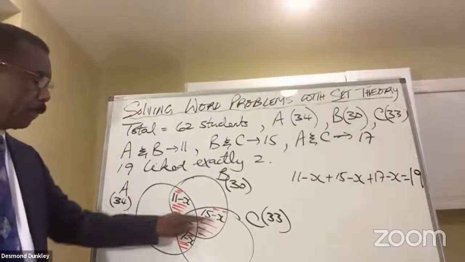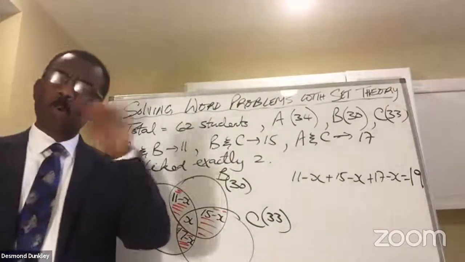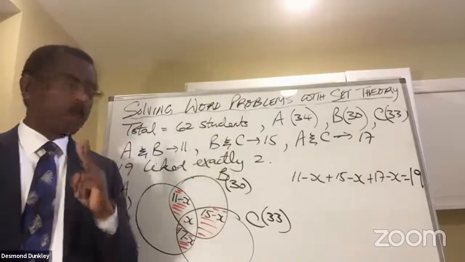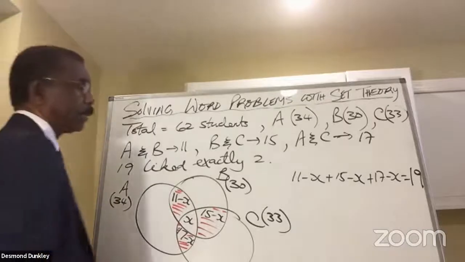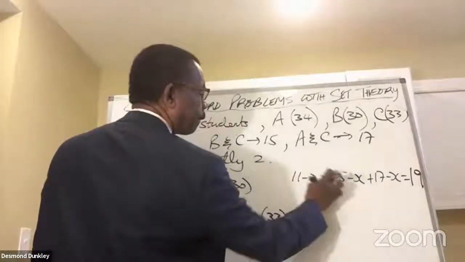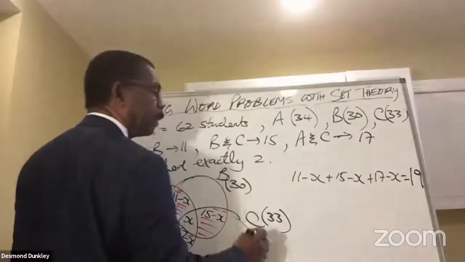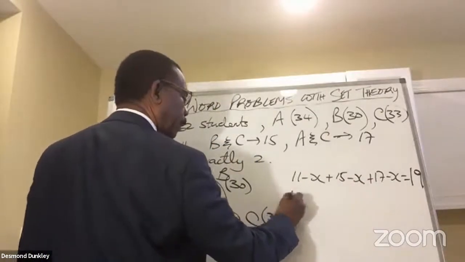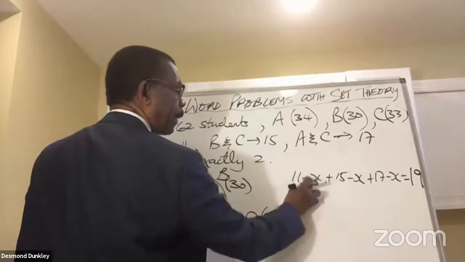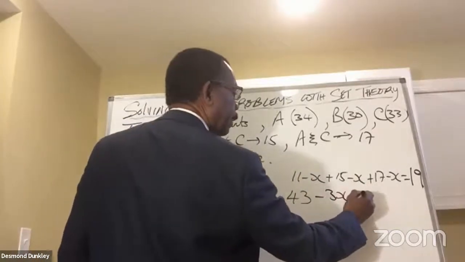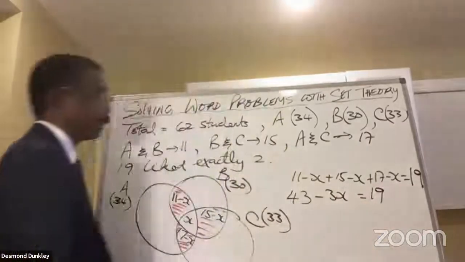These 3 areas represent 2 fruits only, not 3, not 1, 2 fruits only. When we do the addition, we have 11 plus 15 is 26. 26 plus 17 is 43. Minus X minus X minus X, minus 3X, equal to 19.